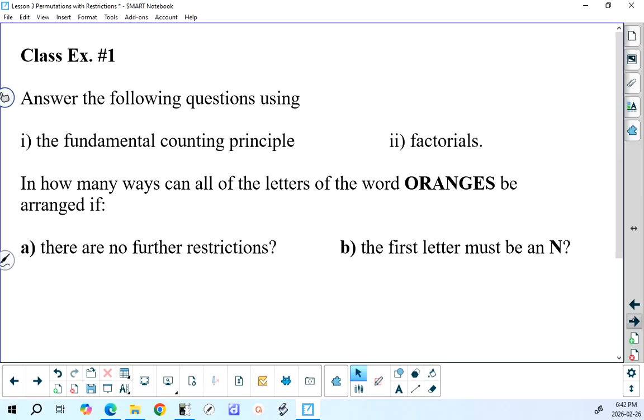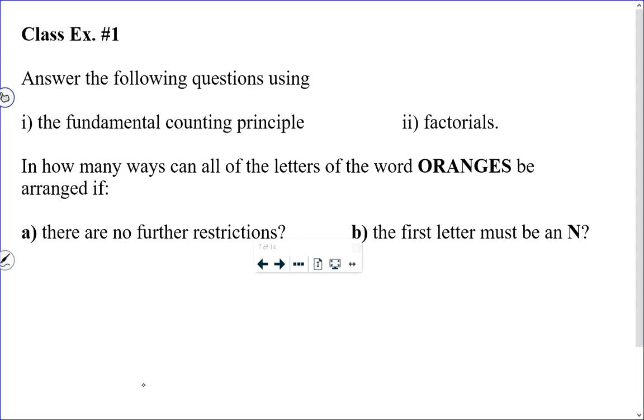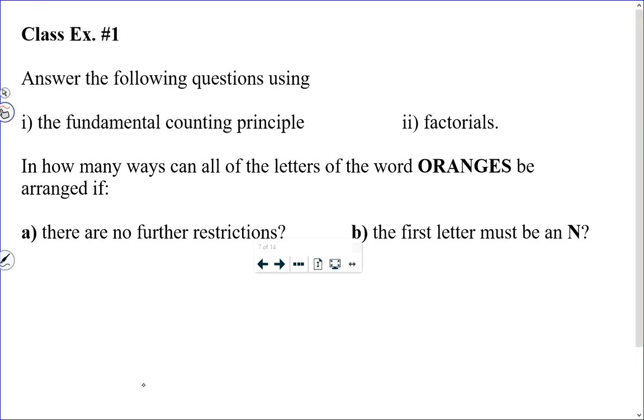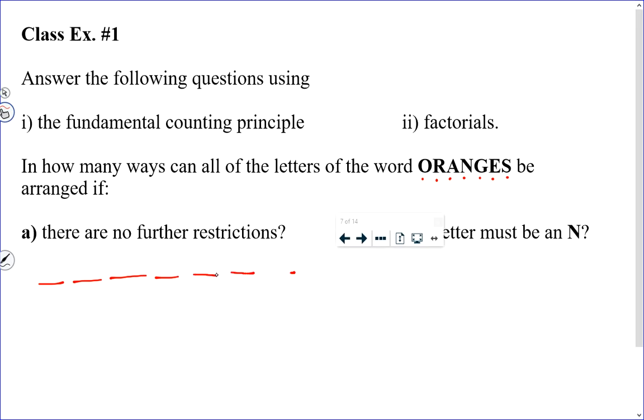If I want to answer using the fundamental counting principle, how many letters are there? 1, 2, 3, 4, 5, 6, 7: O-R-A-N-G-E-S. There are 7 letters, so you have 7 choices to make.